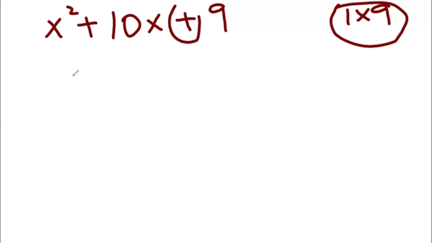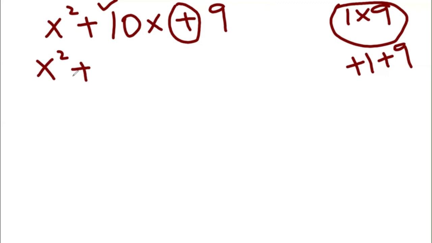Plus sign, again, plus sign is very important. When you add 1 and 9, you are going to get the middle term 10. So plus 1 plus 9 will give you plus 10, which is the middle term.